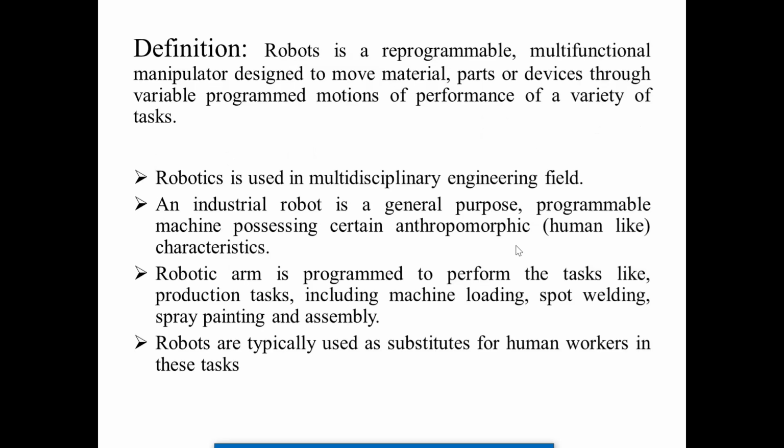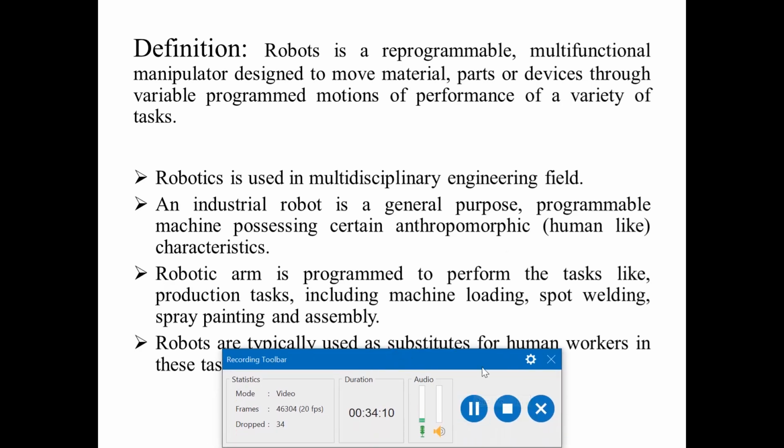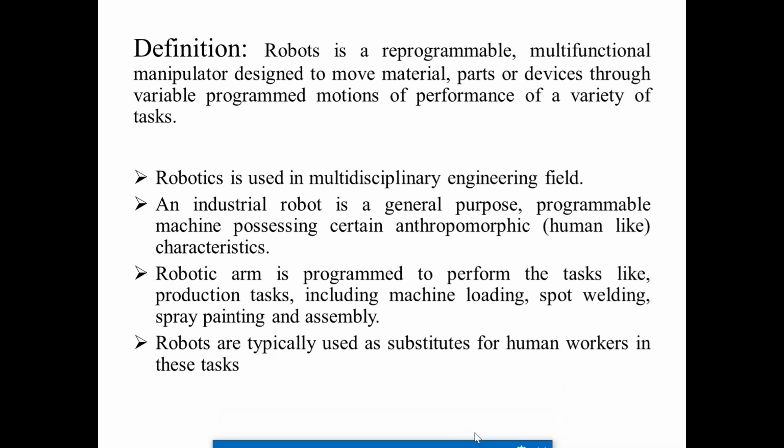The definition of a robot is a reprogrammable multifunctional manipulator designed to move material, parts or devices through variable programmed motions for the performance of a variety of tasks. The definition is very simple.